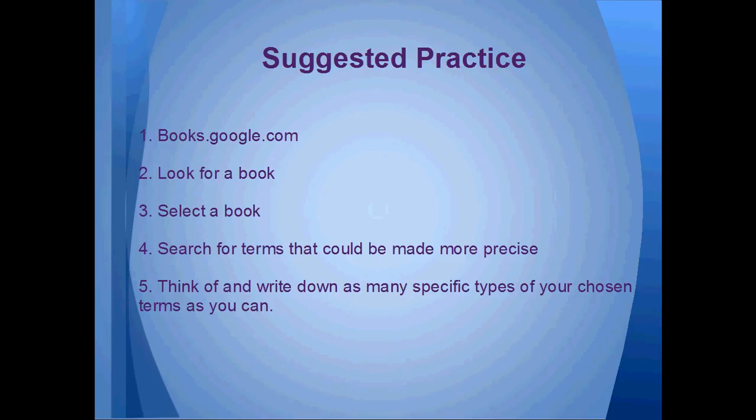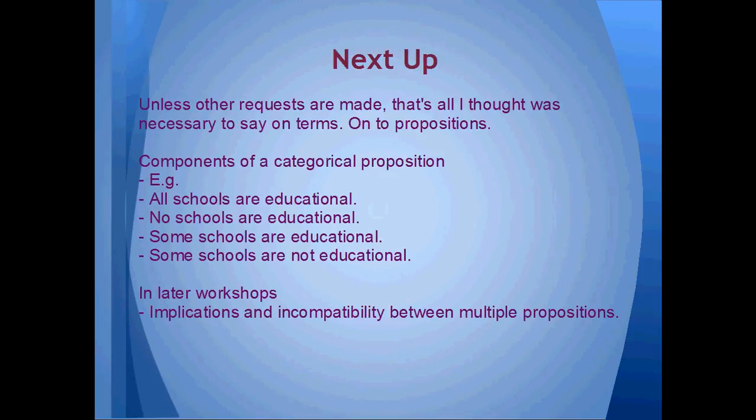Try to think of as many as you can, and that will reinforce your ability to both identify more specific terms, and I think also differentiate specific terms that fall under that general term that you would have chosen. Okay? Next up, we'll move on to propositions, because I think I've said what I thought was essential for terms.